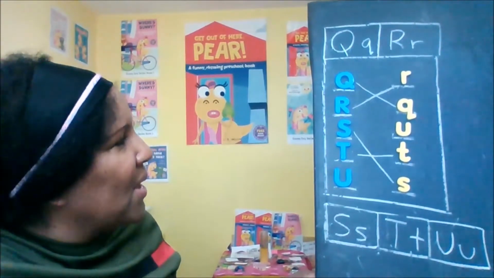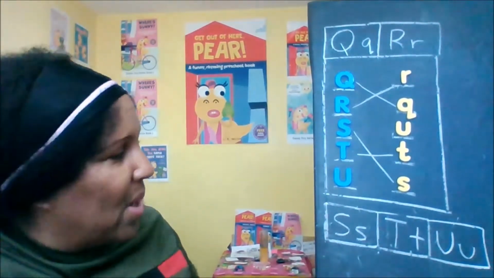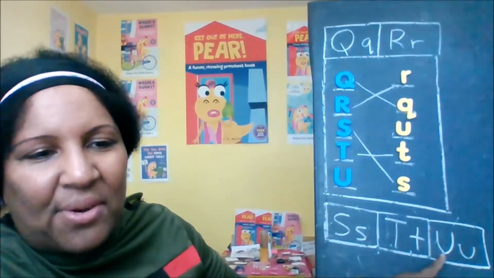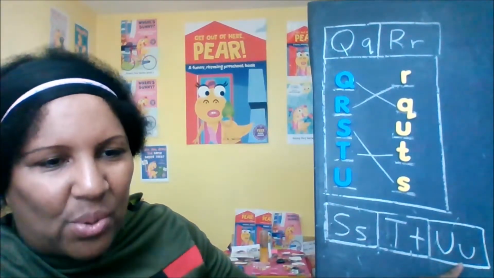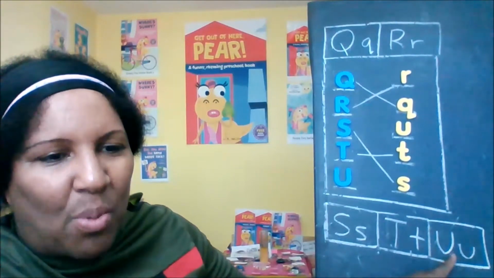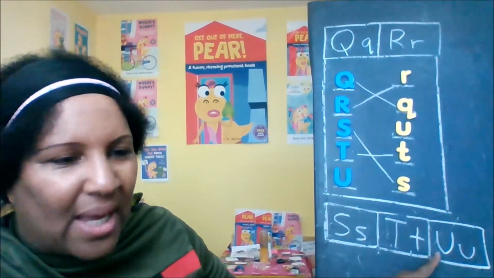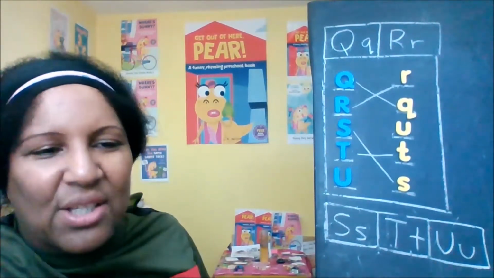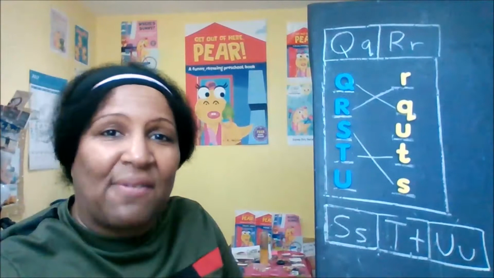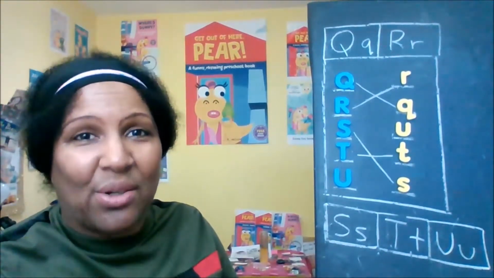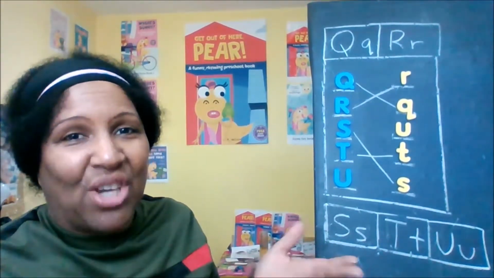All right. So the last one is U and U. Now, is this not another example of two twins? Big U, little u, capital U, small u, uppercase U, lowercase u. So I may not need to help you. And plus, it's by the process of elimination. They're the last two letters that don't have a match yet.